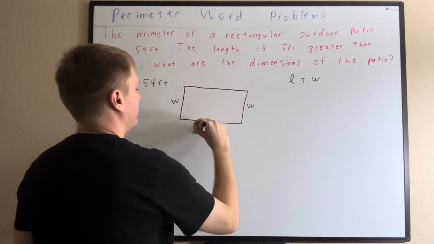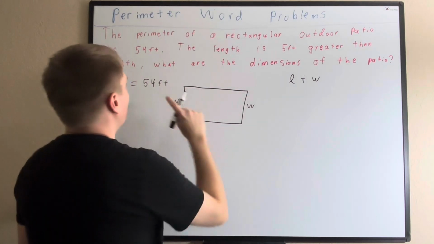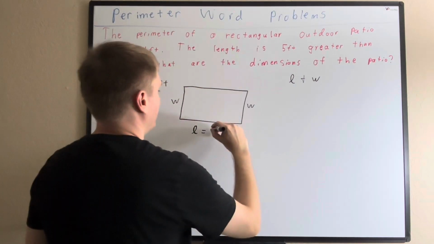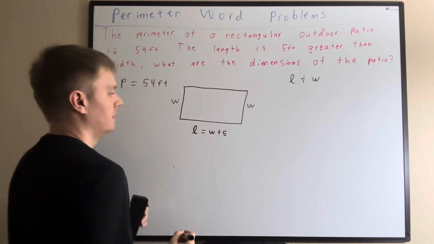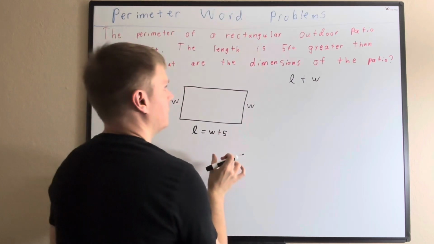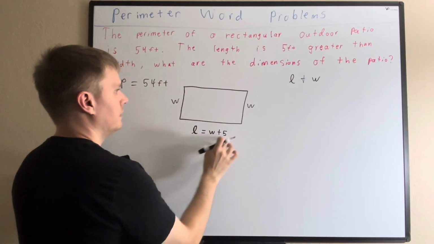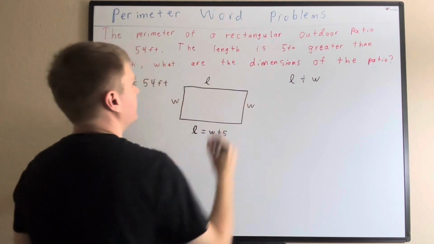So the length is width plus 5. Makes sense? It's exactly what it is. The length is the width plus 5. And this is the length too, by the way.